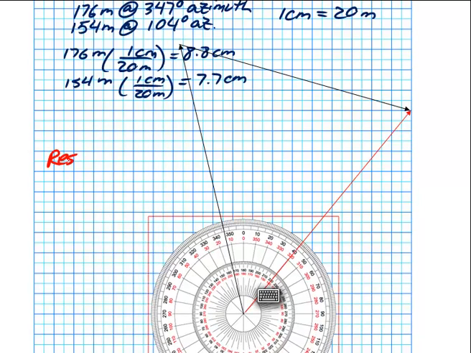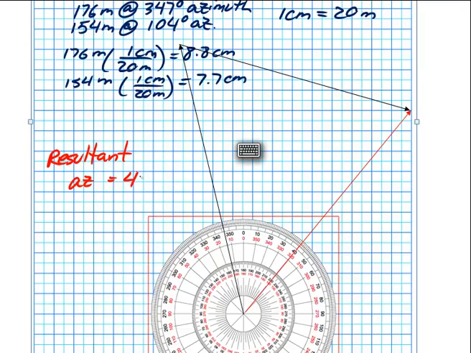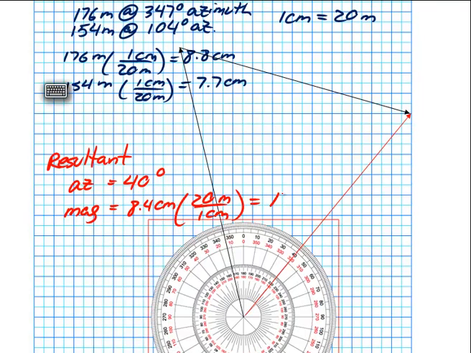So the resultant, its azimuth or direction is 40 degrees, and its magnitude is 8.4 centimeters. Each centimeter represents 20 meters in the real world. That's 168 meters from the start point at an azimuth of 40 degrees.